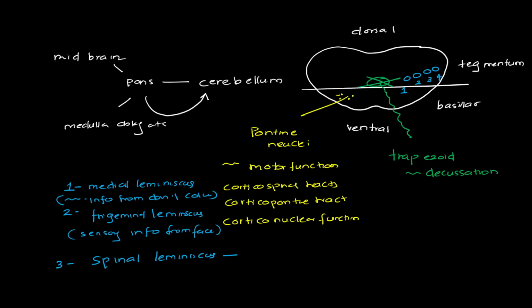Pain, temperature, but below the neck, because the pain and temperature of the face is carried by the trigeminal lemniscus. So if there's damage to the spinal lemniscus only, I'm not saying that it is possible, but if such an occasion takes place, hypothetically you would get numbness of pain and temperature in the contralateral aspect of the body below the neck.